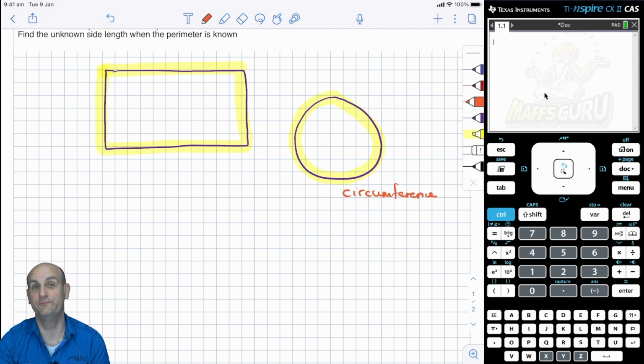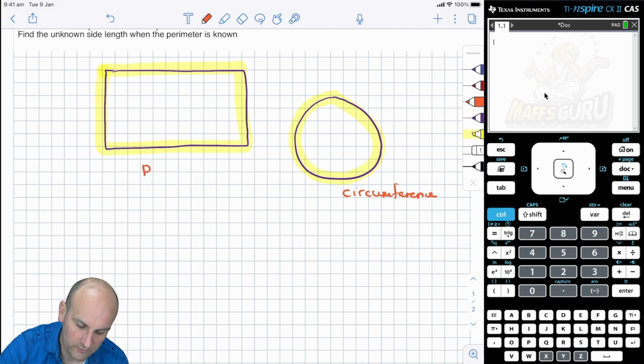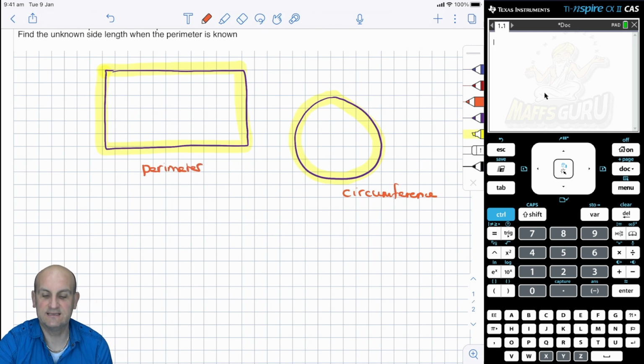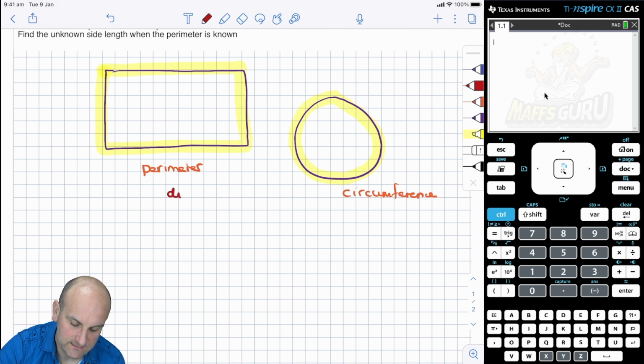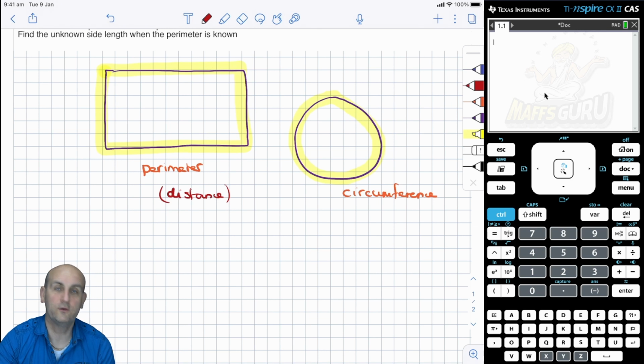But every other shape, triangles, rectangles, squares, all the ones we deal with, it's called perimeter. It is nothing more than a distance you travel when you go from one corner and walk all the way around until you get back to where you start. So it has a length, because distances are measured in lengths.